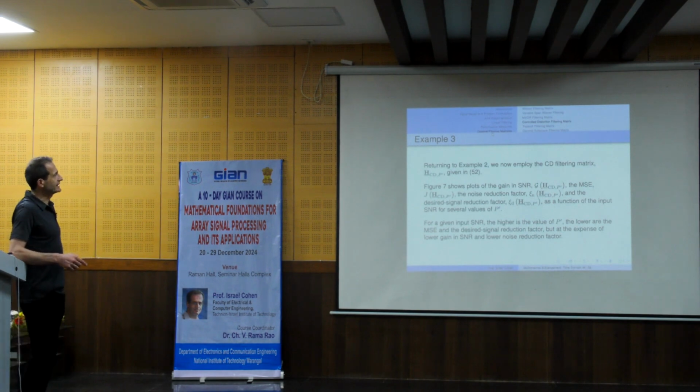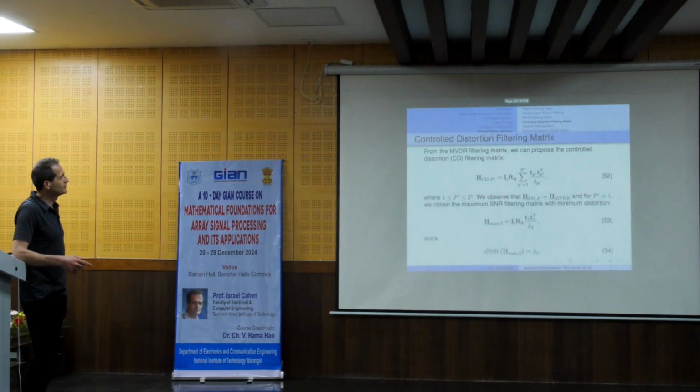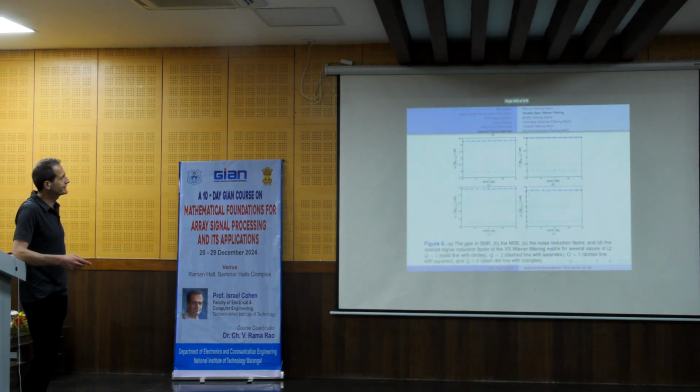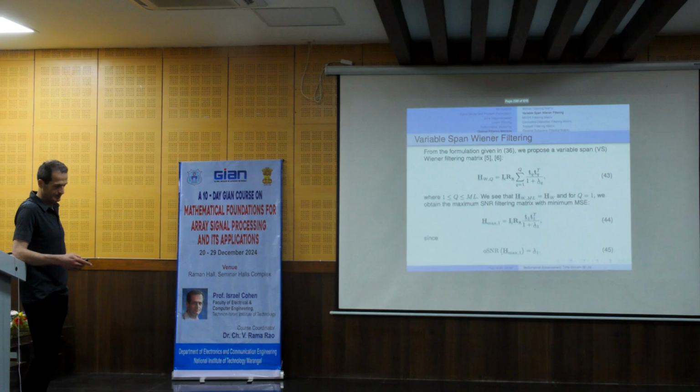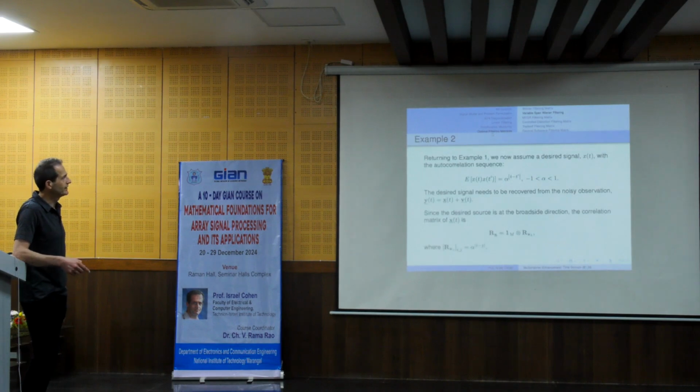Okay, so let's see an example. If we return to example number 2 that we talked about before, it was yesterday, so maybe you don't remember. So this is the example, that we have a signal like this, xt prime.